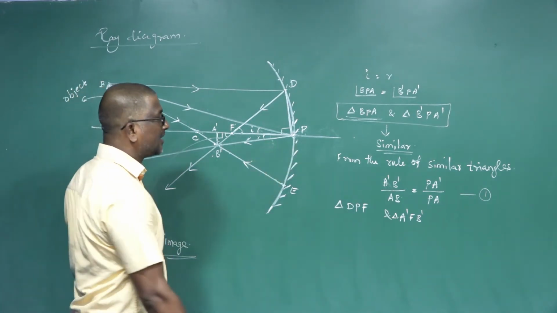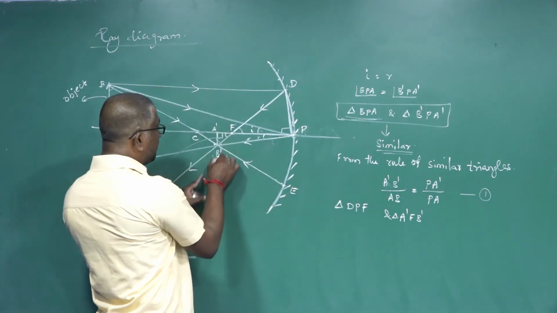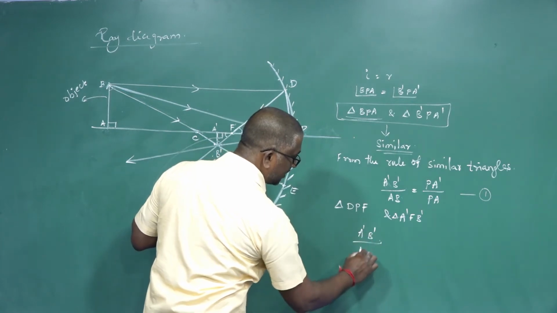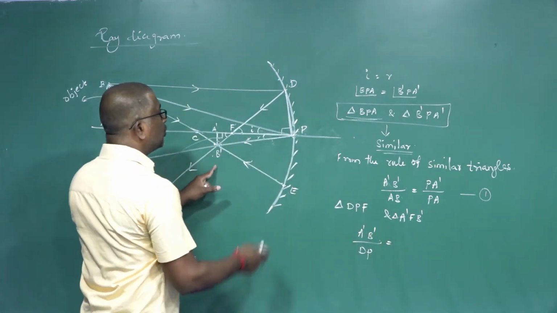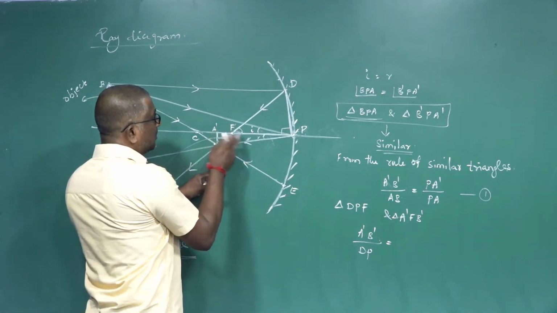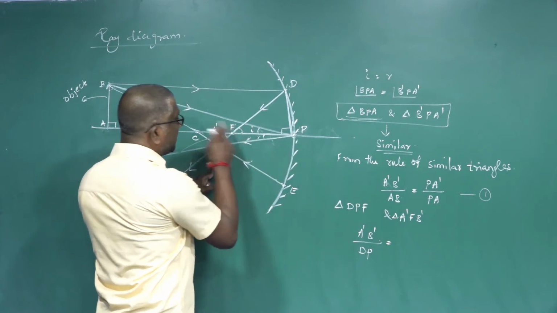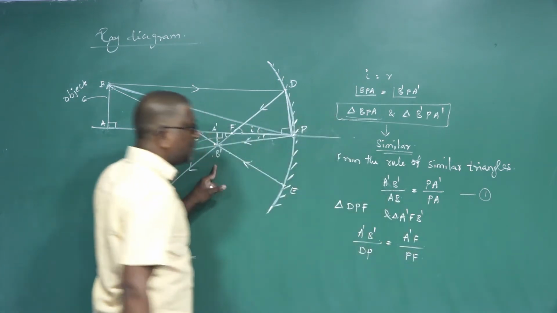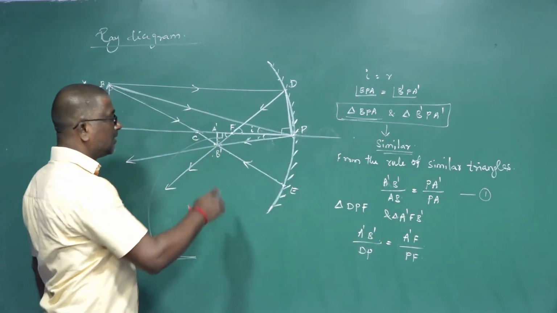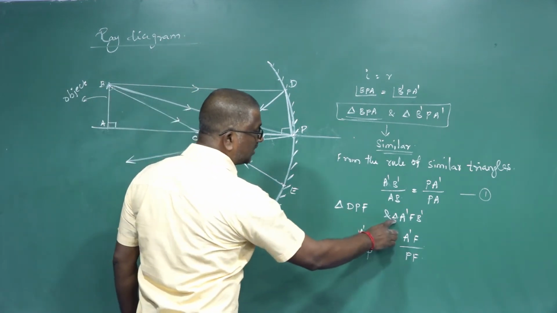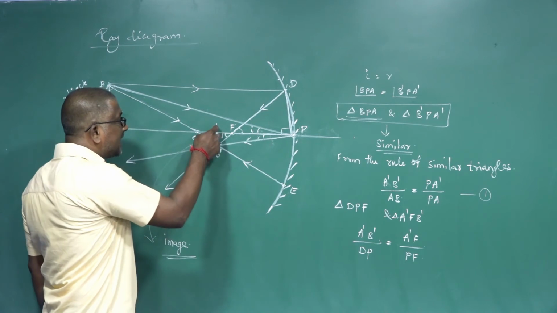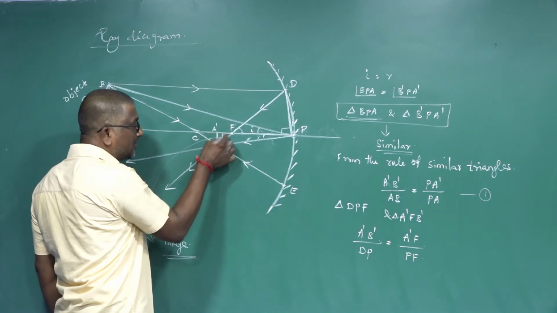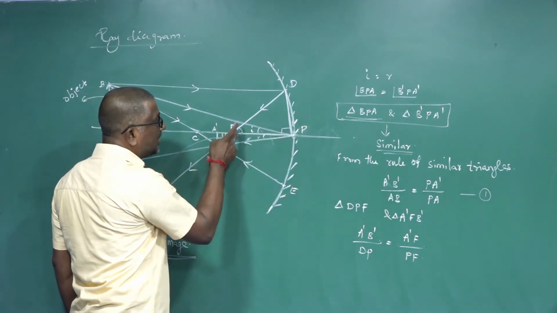From the rule of similar triangles, for triangle DPF and triangle A dash F B dash, the side A dash B dash divided by DP is equal to the side A dash F divided by PF.